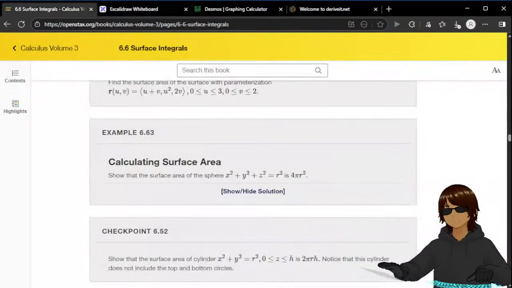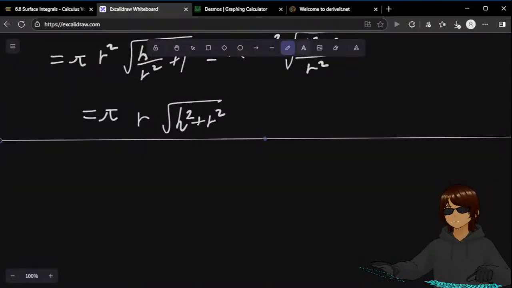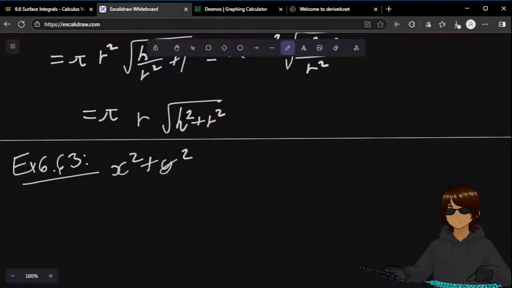Let me think. 6.63. Okay, they said x square plus y square plus z square is r square.